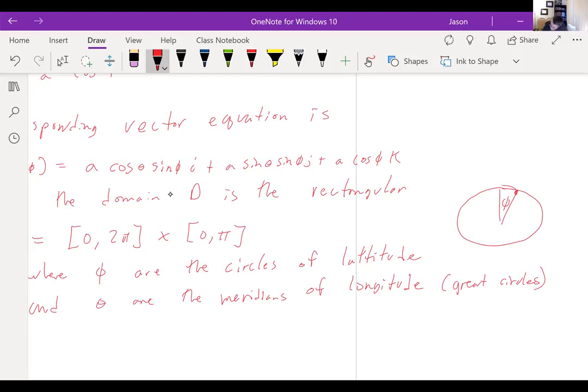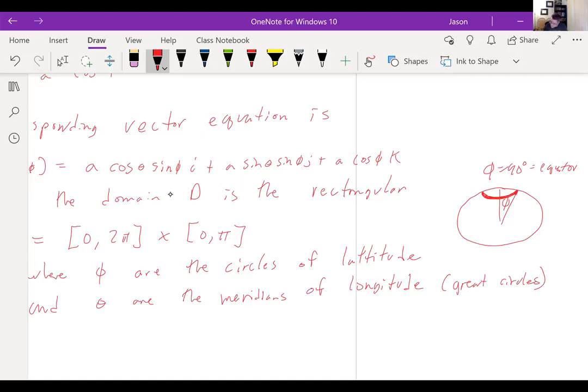That would produce on the globe a circle of latitude. Okay, that's a circle of latitude, and it tells me how far down. So phi of 90 degrees would be the equator, basically. That tells me how far down I went.